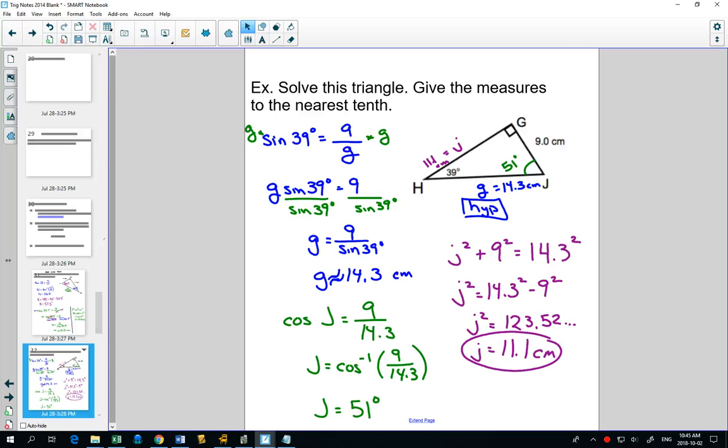Even though 51 degrees is easy to figure out and is the right answer, okay, I would probably, when solving, it's nice whenever possible to use all of the sides and angles that were given in the question, because you have a less chance of having made a mistake and then using that mistake to find something else.